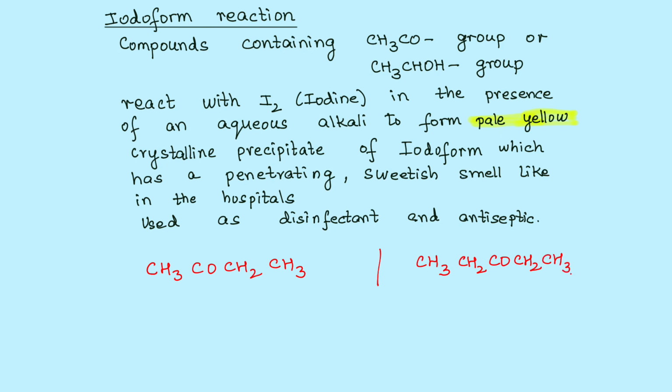How will you distinguish between the two ketones? See over here, both of them are ketones. Oh, yes. Now you know the answer. I am so glad. Yes, this first one will give us the iodoform reaction because it has the CH3CO group.